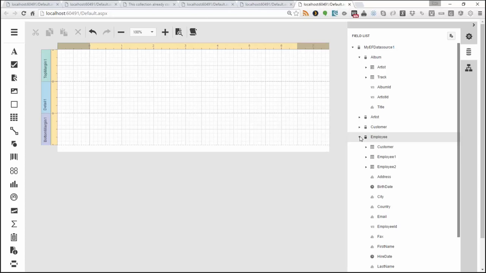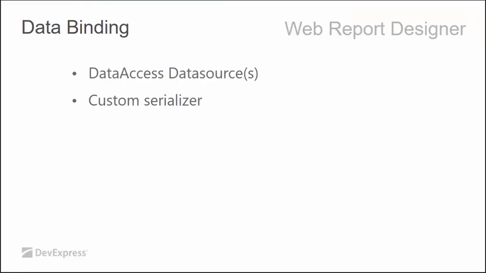Yeah. But there could also be a case where you are using some other data access technology or layer, which is based on objects, or maybe some proprietary stuff where we don't have a data source. In that case, you might want to use the approach that I was showing in the slide deck, using the custom serializer.